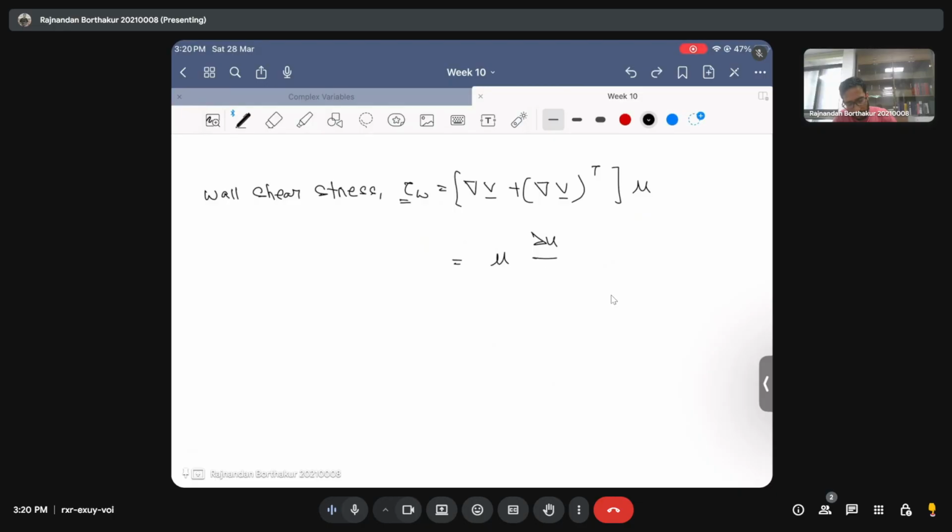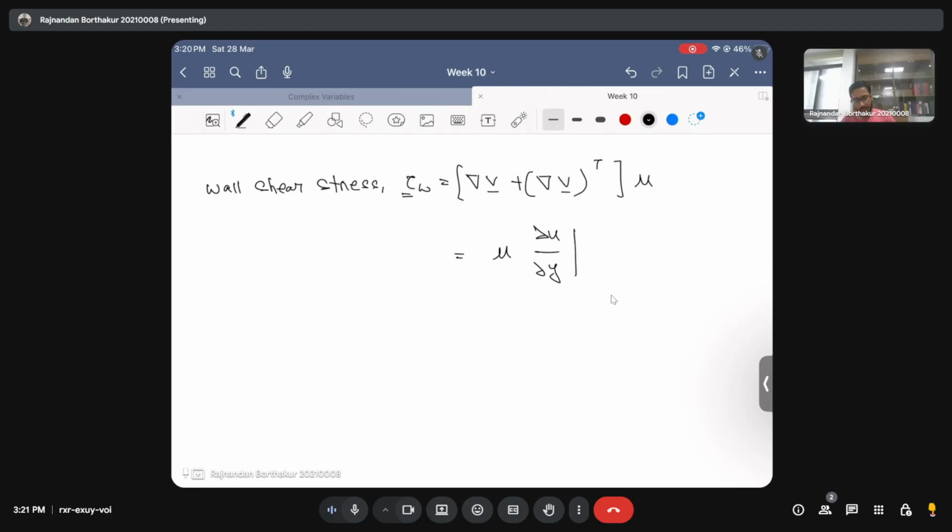I hope this is clear to you, simply because we have a very simple velocity profile where u is just a function of y by delta. Okay, this should be y. Oops, this should be y. And we are evaluating this at y equal to 0 because this is the wall shear stress. So as I was telling, this is just an additional bit of information.